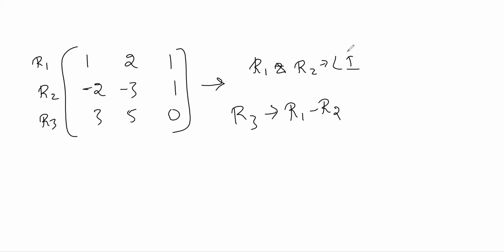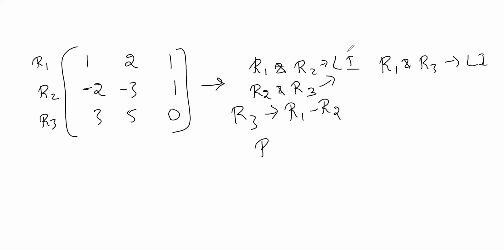R1 and R3 are linearly independent. So we can't express row R2 in terms of R1, and we can't express R3 in terms of R1. Also, we can't express R2 in terms of R3 or R3 in terms of R2. So these three sets, R1 and R2, R1 and R3, R2 and R3, are linearly independent.